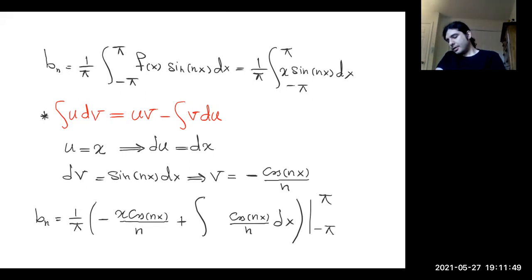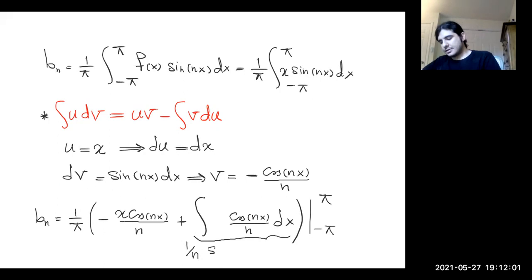Now, in order to complete this integration, I should just compute this part. 1 over n comes out of the integral, and the integral of cosine of nx is sine of nx over n. I have 1 over n already, so it would be sine of nx over n squared.